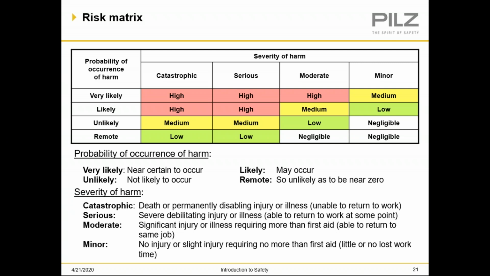Unlikely, not likely at all, may occur, remote, almost zero to occur. Catastrophic would be death, permanent disability, or injury, unable to return to work. So you're looking definitely at the performance level E area here. And then severely debilitating injuries and illnesses, moderate, minor, just general first aid when you get down in that area.